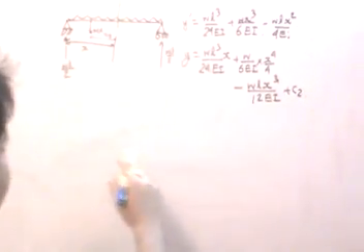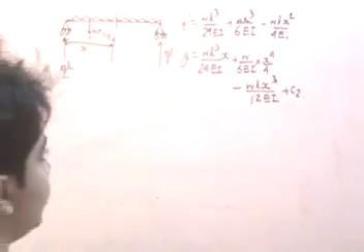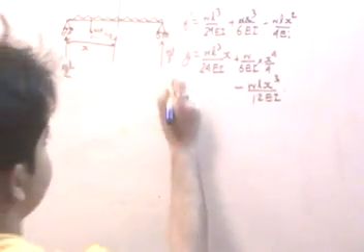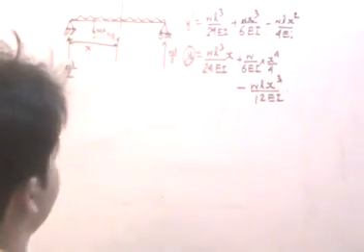Now putting y is equal to 0 at x is equal to 0, C2 will be equal to 0. So this is my equation for the deflection, right?